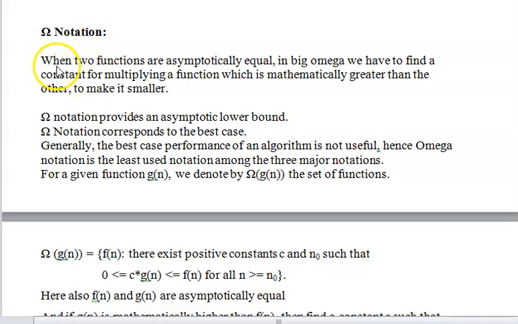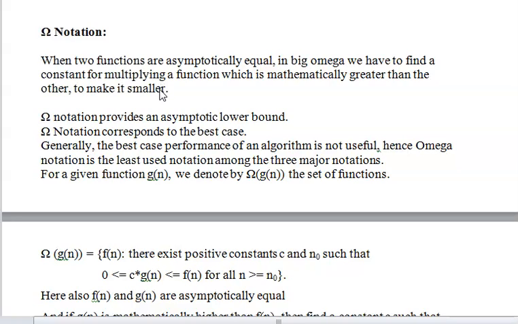The second notation is big omega notation. Here again we have two polynomial functions which are asymptotically equal, as we had in big O notation. Here we will be doing the same thing, that is multiplying a function with a constant which is mathematically greater than the other, so that the multiplied function becomes smaller than the other function.